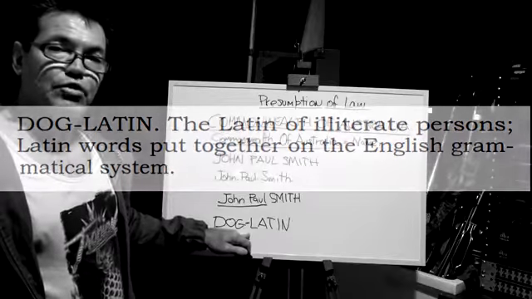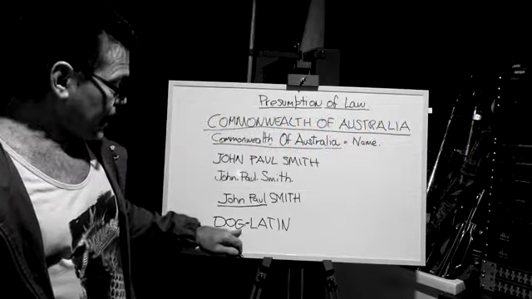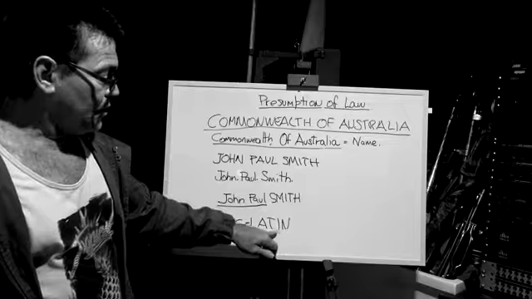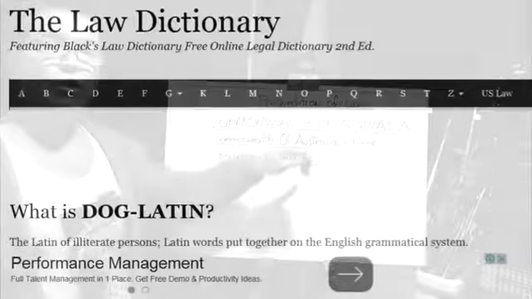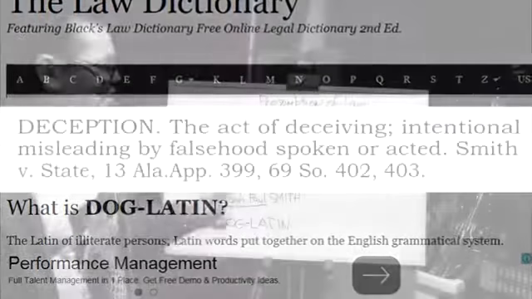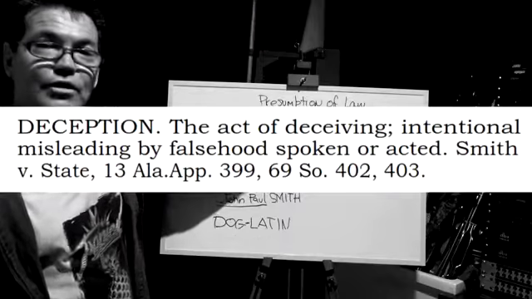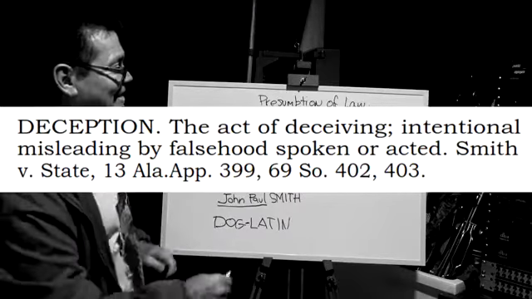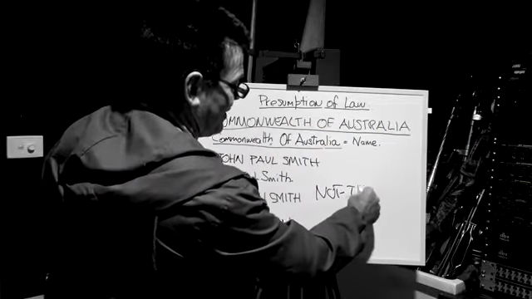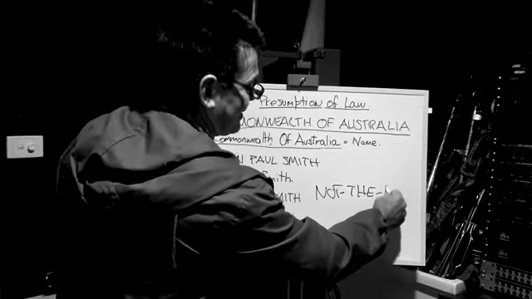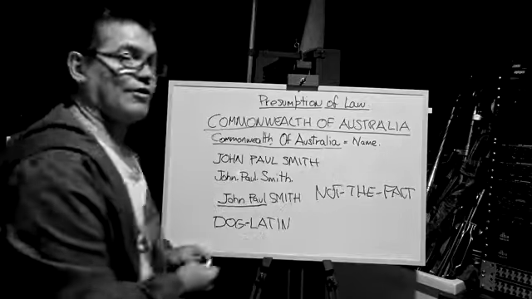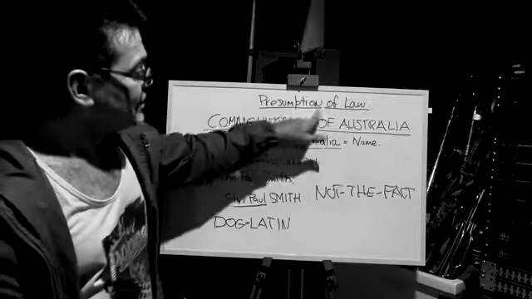The word debased means criminal and immoral, whereas dog Latin is the Latin for the illiterate, because it's Latin operating under the grammatical rules of English, which is impossible. But it does create the presumption of law, not the fact. Not the fact. It creates the presumption.